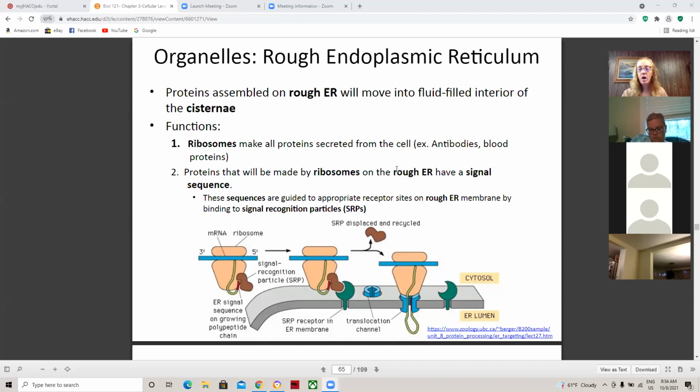If a protein is going to be excreted from the cell or be part of the plasma membrane, as the mRNA is being read into an amino acid sequence, the protein will have a tag put on it, a signal sequence or a signal recognition particle.